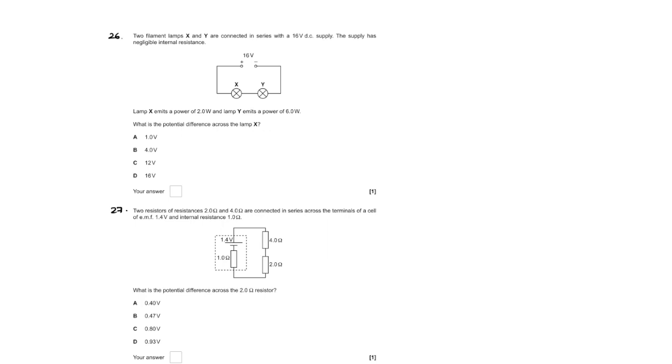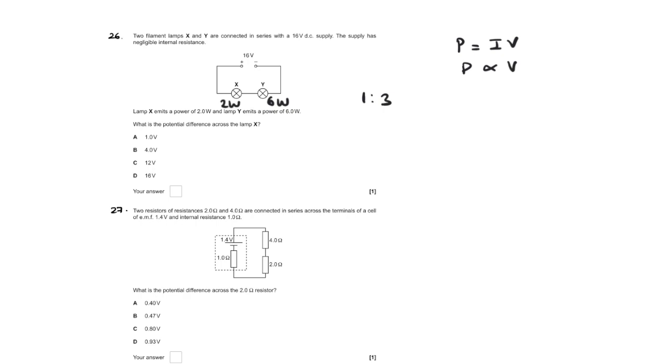Lamp X has a power of 2 watts, and Y has a power of 6 watts, and we need to work out the potential difference across lamp X. So the ratio of powers is basically 1 to 3, and I know power is equal to current times voltage, so power is proportional to voltage because current is constant in a series circuit.